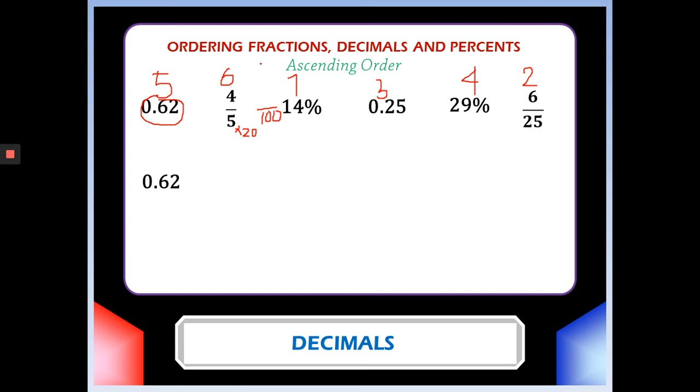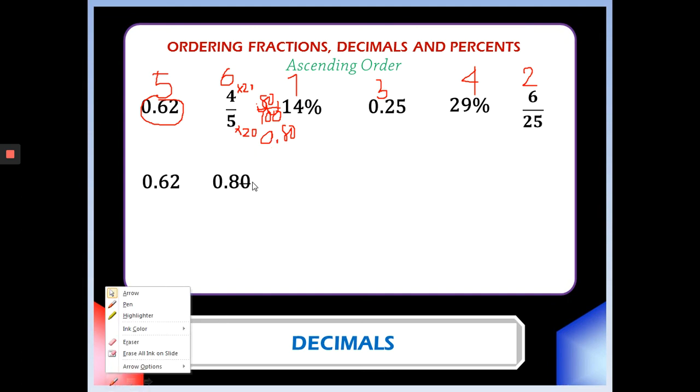Anyway, since we're dealing with the base of 100 here, let's just multiply it by 20. So 4 times 20 is 80. Now, 80 over 100 in decimal is 0.80, right? Because we move the decimal point 2 places to the left to divide by 100. And if we're dealing with decimals, you can just remove the 0.